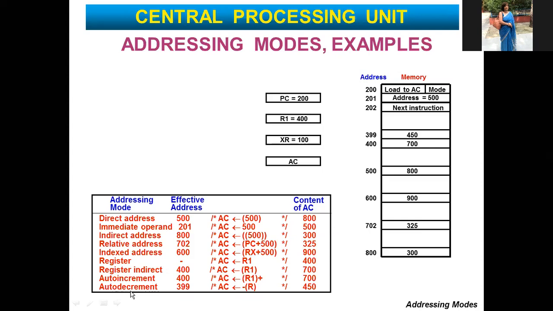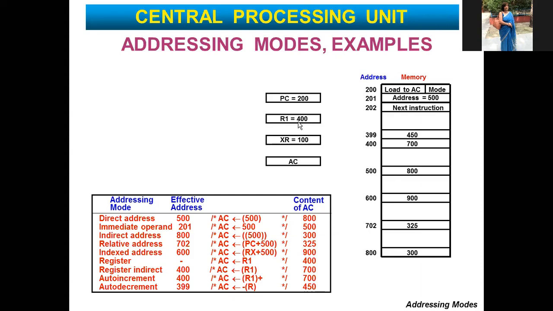Now I come to auto decrement. First, I'm going to repeat the definition of auto decrement. It says that the value of the register is decremented by 1 before utilization of its value. Means its value is 400. Before we go to location 400, its value is decremented, so its value will become 399.